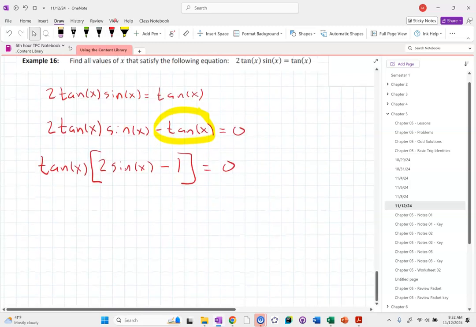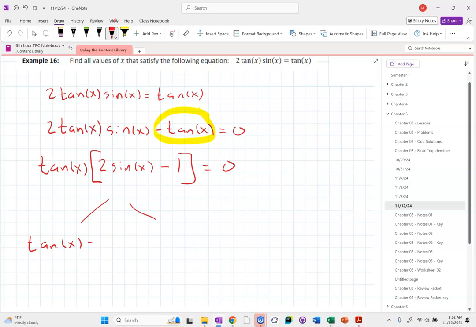So now when I apply the zero product property, this becomes the two separate equations, tan x equals 0, and then 2 sine x minus 1 equals 0. Is everybody okay with what I've done so far? Does this look like the factoring that you would have done in solving by factoring like in Algebra 2? Except we have trigs mixed on top of it.